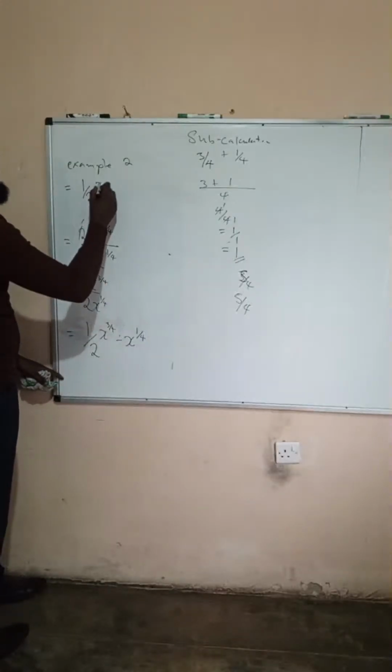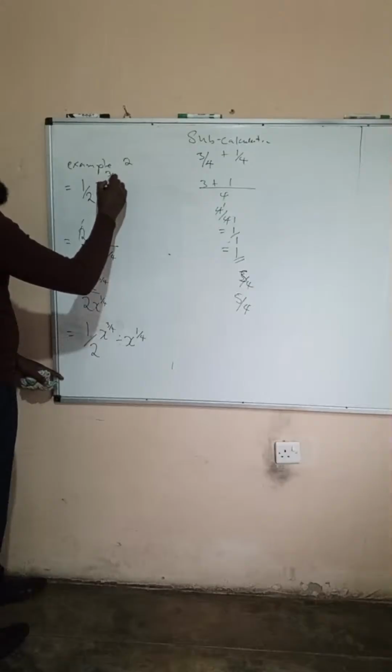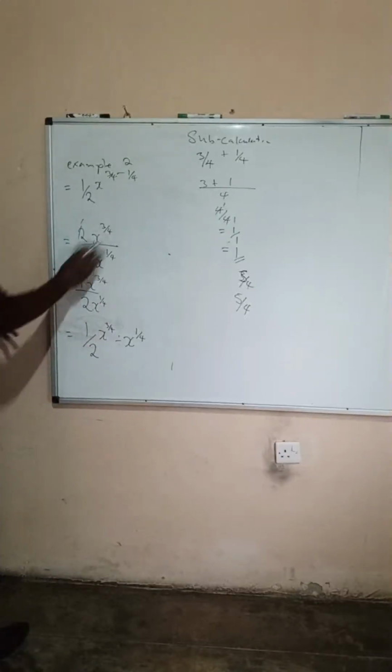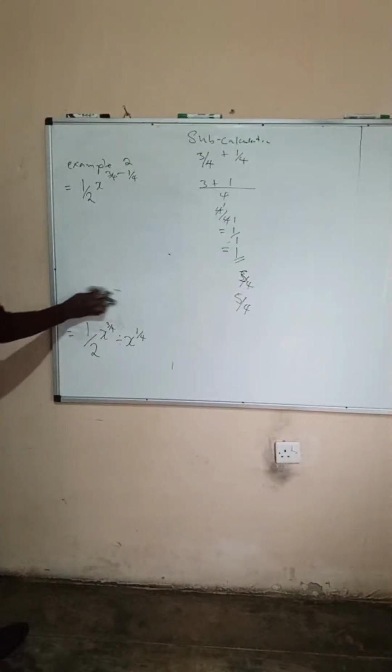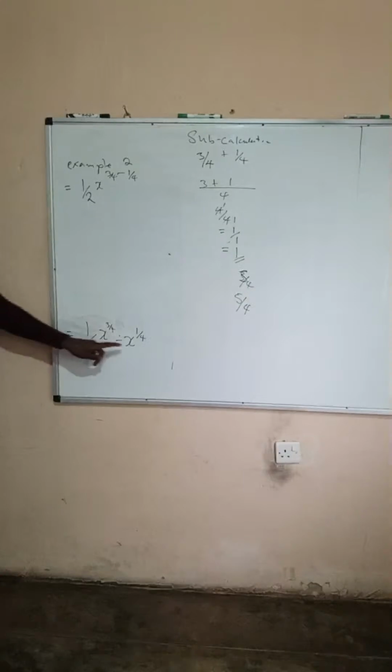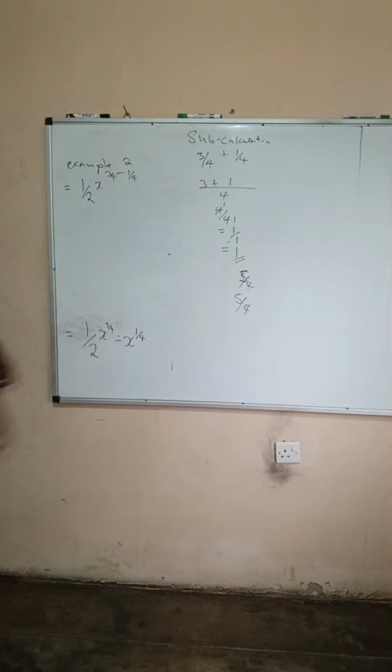That's what I said. So it means x to the power 3 over 4 minus 1 over 4. Okay? Like that. When you are dividing the bases, you subtract the powers because the bases are the same.